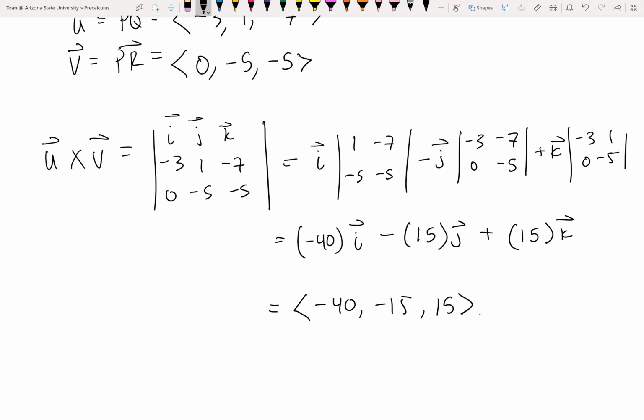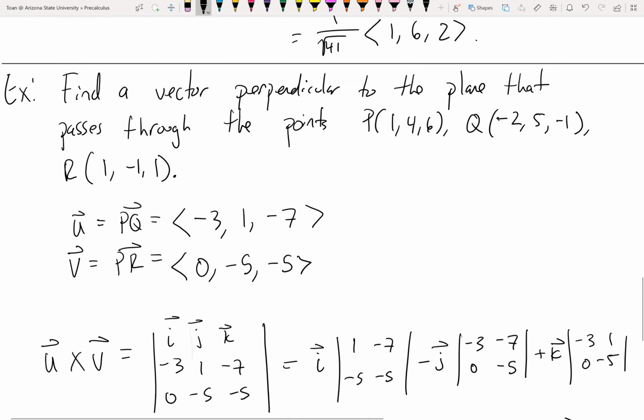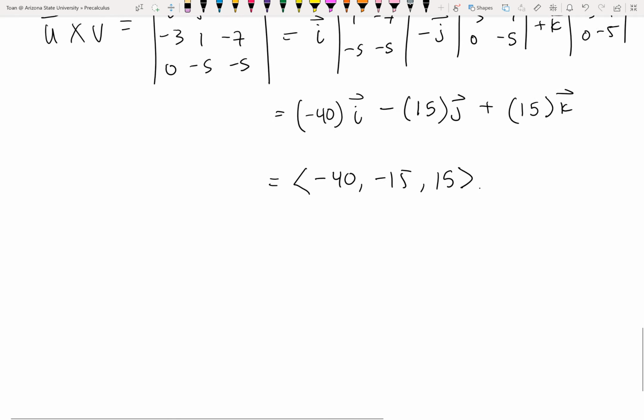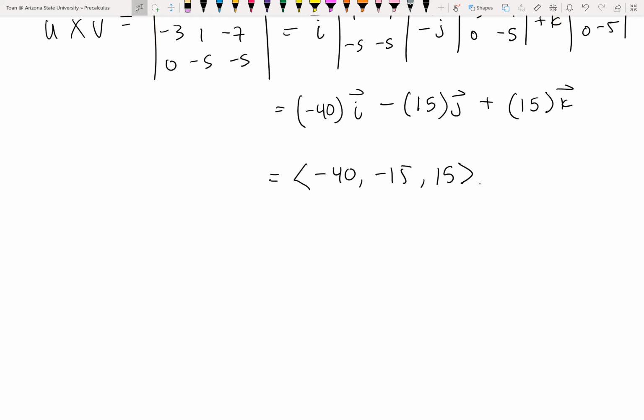One little sidebar conversation. Notice how the instruction says find a vector. It's not unique. Find the vector perpendicular, because technically speaking, there are an infinite amount of answers. Because it didn't say unit vector, since it didn't put any restrictions, any vector in the same direction as this guy is a valid answer.